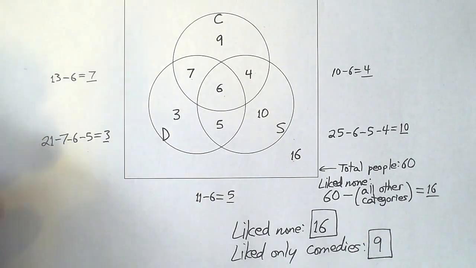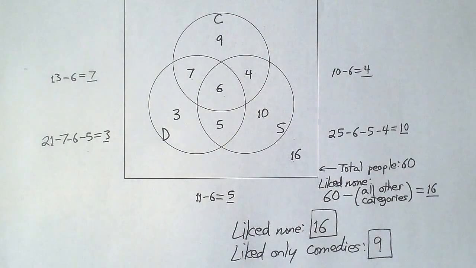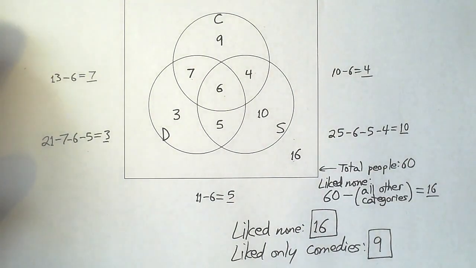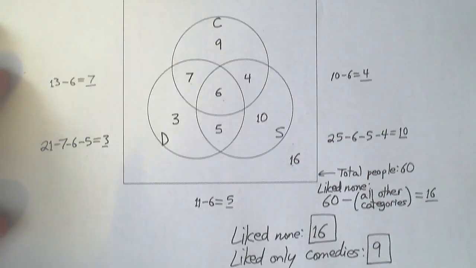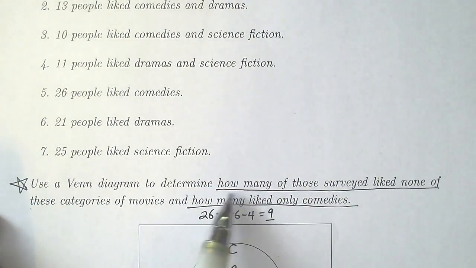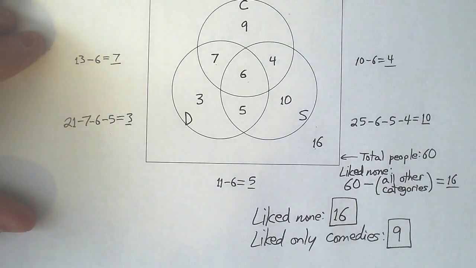So the actual questions that it asked us, we answered very quickly, but setting up the Venn diagram took a while. All right, so always make sure you read problems carefully and make sure you answered everything. I think it would be easy to actually go through all of this and then forget to answer the question, but we need to answer. This is what they wanted from us, and we did answer it down here.